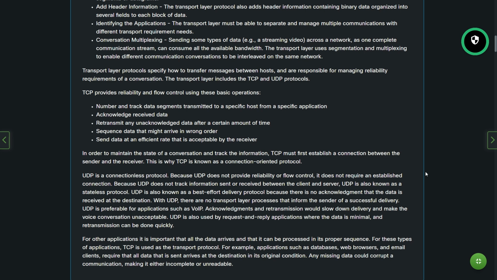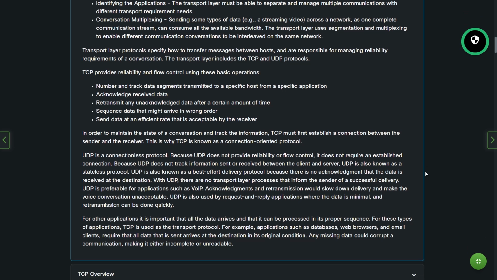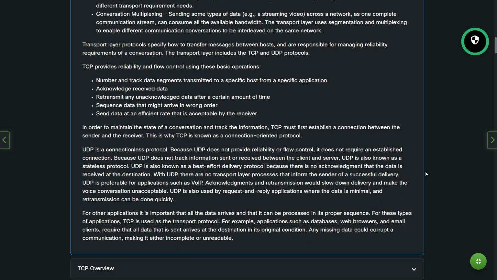Sequence data that may arrive in the wrong order, and send data at an efficient rate that is acceptable to the receiver. In order to maintain the state of a conversation and track the information, TCP must first establish a connection between the sender and the receiver. This is why TCP is known as a connection-oriented protocol.